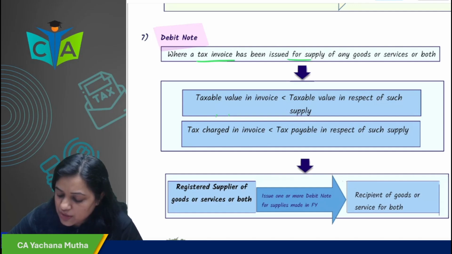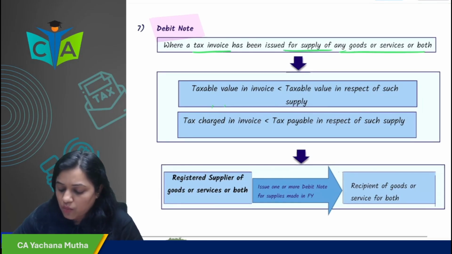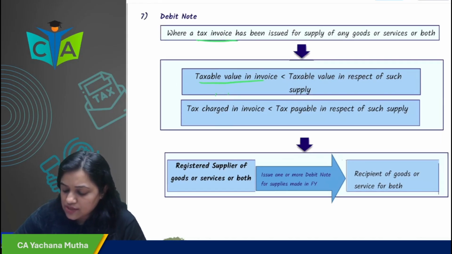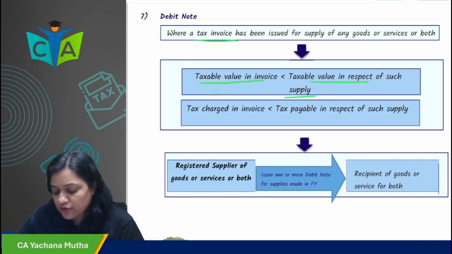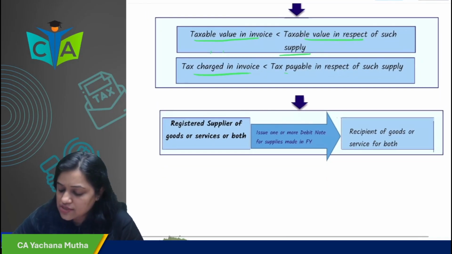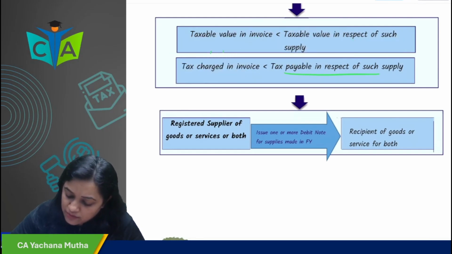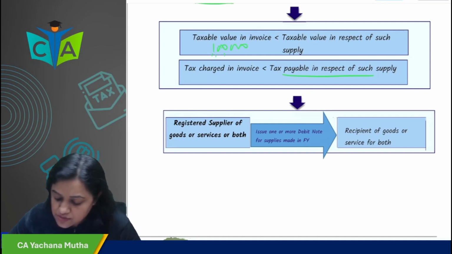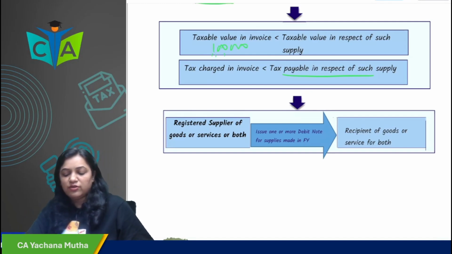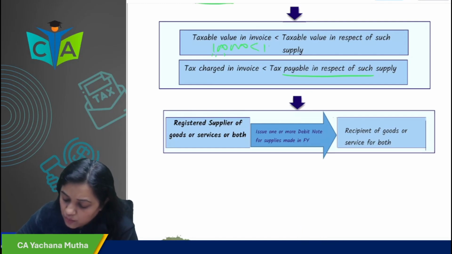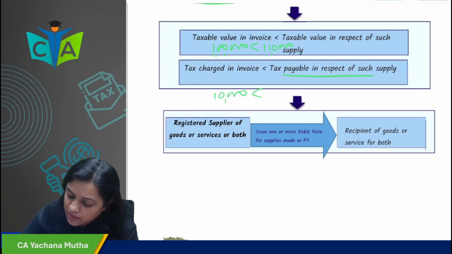Where the tax invoice has been issued for supply of any goods or services, and where the taxable value in the invoice is less than the taxable value in respect of such supply, or where the tax charged in the invoice is less than the tax payable in respect of such supply. That means the taxable value in the invoice is 1 lakh, but the taxable value in respect of such supply is 1,10,000, or the tax charged is 10,000 in the invoice, but it should be 11,000.